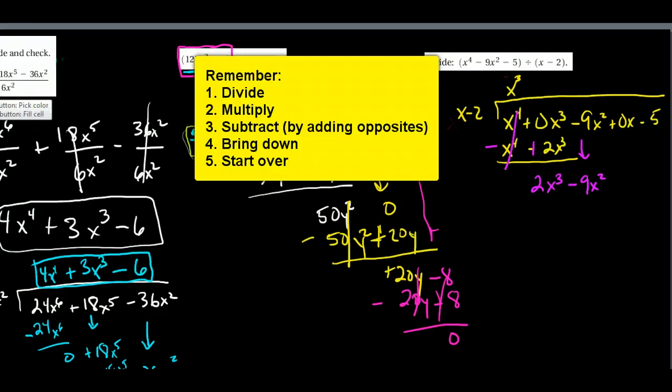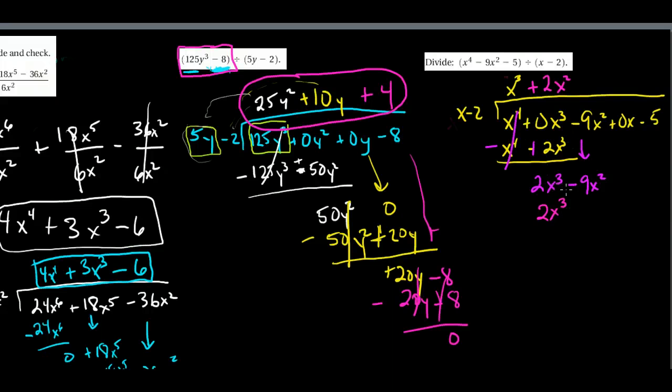Then I will say let's get 2x cubed by adding 2x squared. That'll give me, when I distribute that, 2x cubed minus 4x squared.